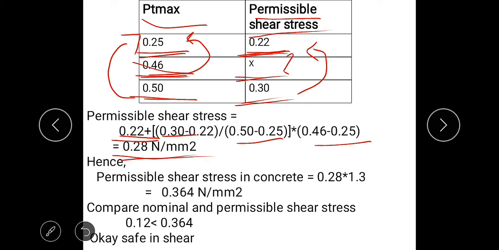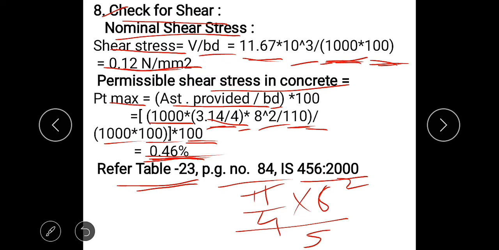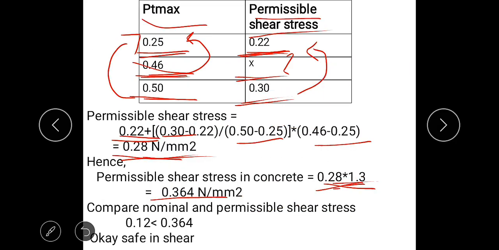So the permissible stress in shear is 0.28 Newton per mm square. Hence the permissible shear stress in concrete is 0.28 into 1.3, so the value is 0.364. 1.3 is a factor. So the permissible shear stress in concrete is 0.364 Newton per mm square.